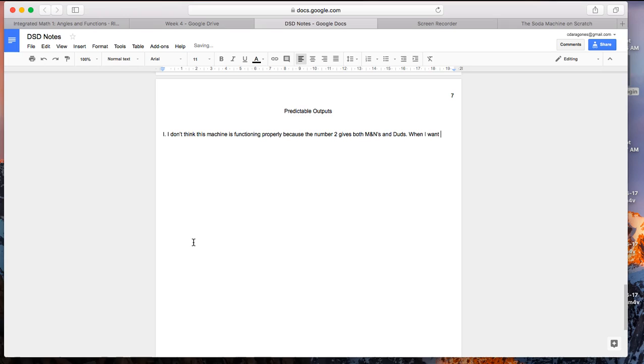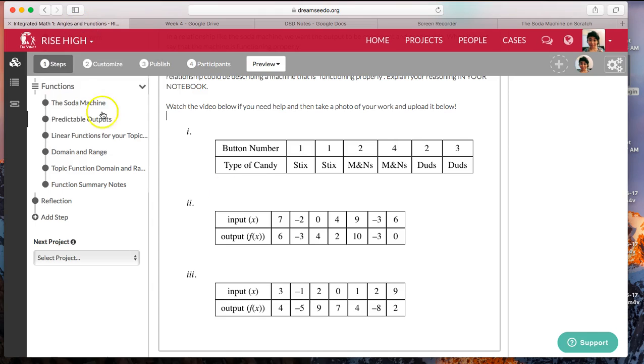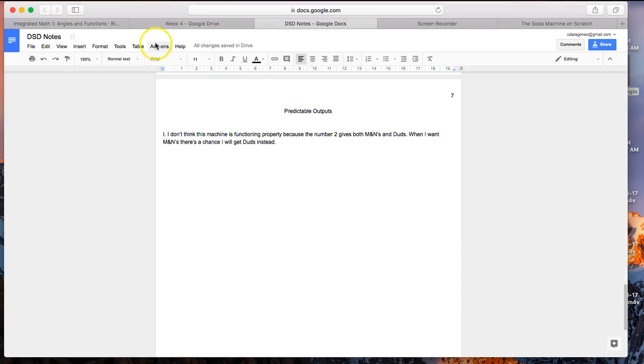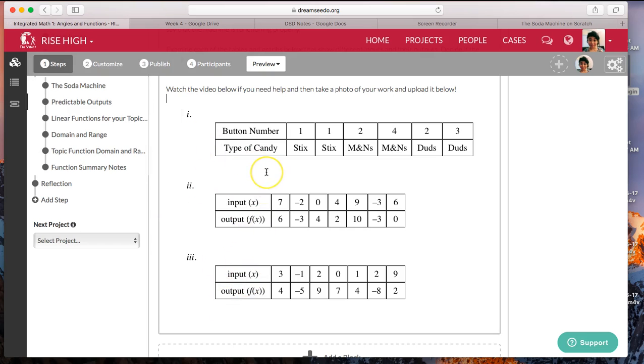When I want M&Ms, there's a chance I will get duds instead, okay? So basically, I want you to think for yourself whether these 3 examples are functioning correctly, and if so, why, and if not, why not? So go ahead in your notebook, explain if these 3 machines are functioning, take a photo of your work, and then upload it on Dreamseedo.